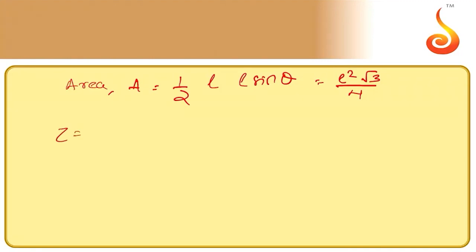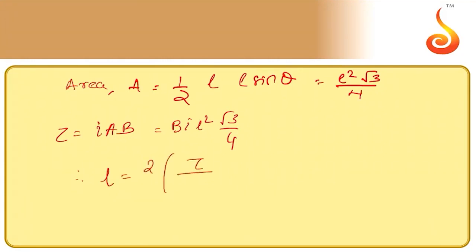Area of the triangle A can be written as half L into L sine theta, that is L square root 3 divided by 4, and the torque is I A B, of course n is 1, sine 90 is 1, so this is B I L square root 3 divided by 4, and therefore L is equal to (2 torque divided by root 3 Bi) to the power of 1 by 2.